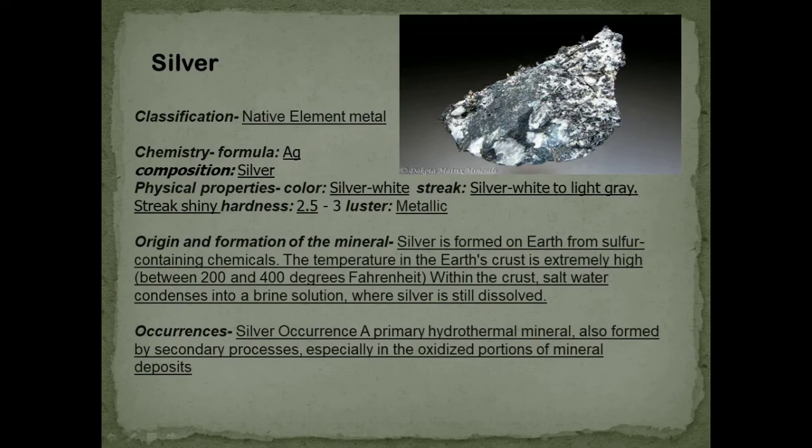The temperature in the earth's crust is extremely high, between 200 and 400 degrees Fahrenheit within the crust. Salt water condensed in the brine solution where silver is still dissolved. Silver occurs as a primary hydrothermal mineral, also formed by secondary processes, especially in the oxidized portion of mineral deposits.